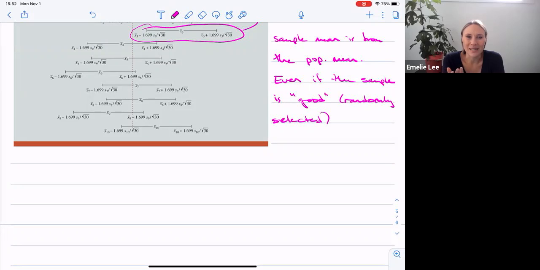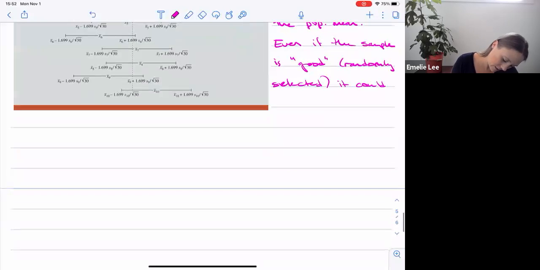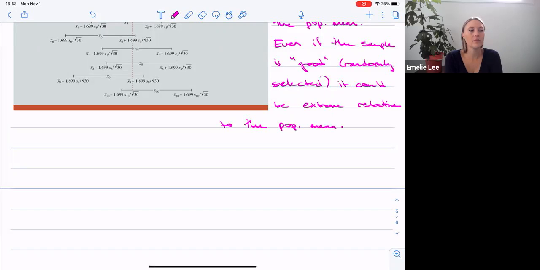Our sample mean could just be extreme, even if it's representative of the population. So even if the sample is good, it could be extreme relative to the population mean. Okay.